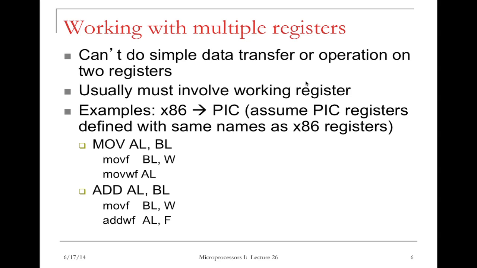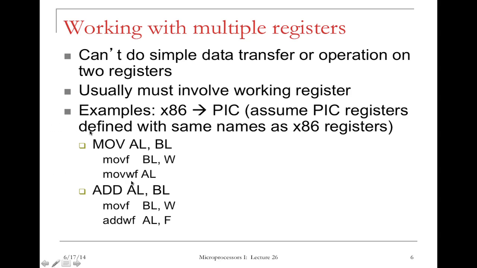First is MOVF BL, W. MOVF is to copy the value from a register to either the register itself or the working register. Because of this W, this indicator tells the microcontroller that the value of BL is going to be copied into the working register.